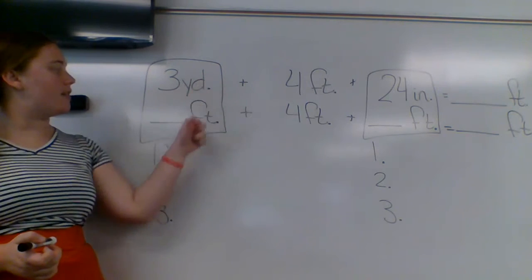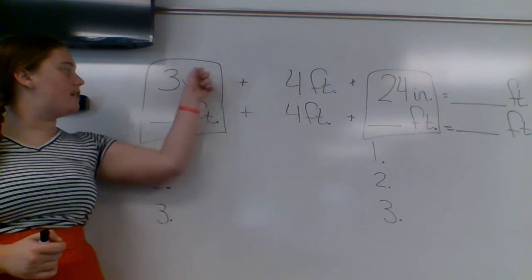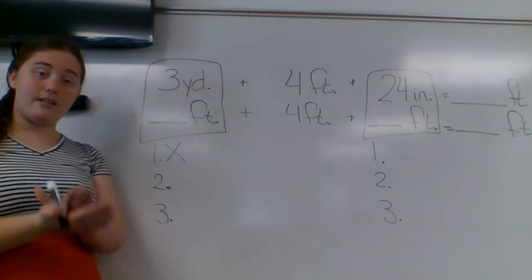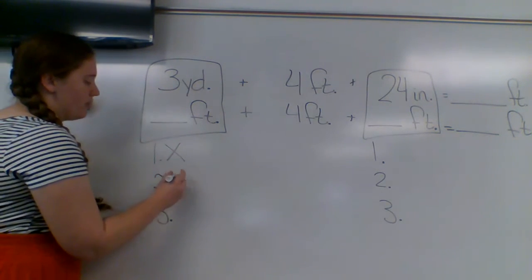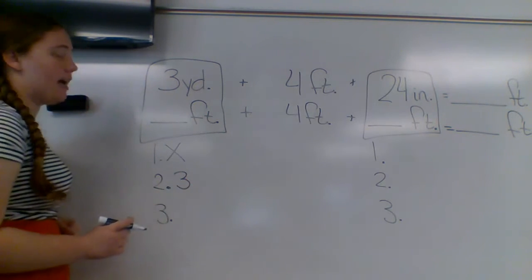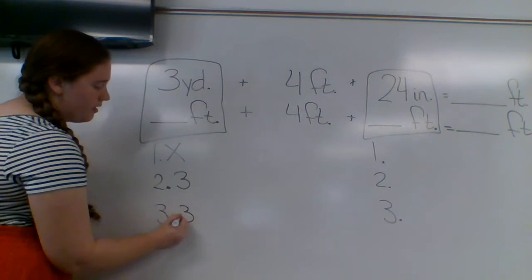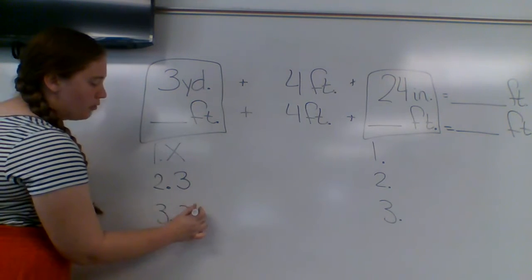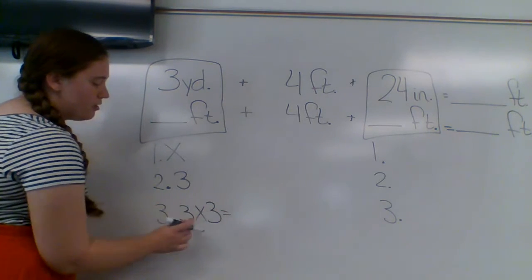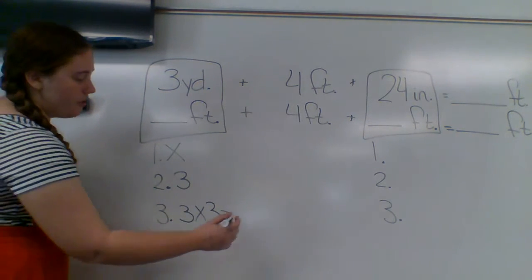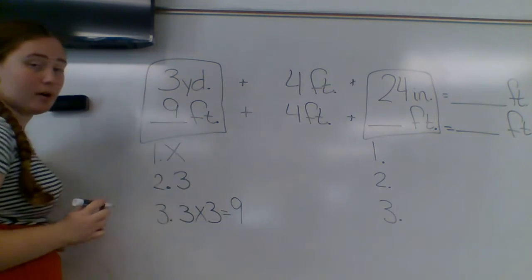How many feet are in a yard? There are 3 feet in a yard. So I'm going to put my special number down here, 3. And then I'm going to take whatever number is in this box up here, which is 3. I'm going to do step 1, multiply. Step 2, by my special number, equals 3 times 3, we all know, of course, is 9. So 9 goes up here in my box.